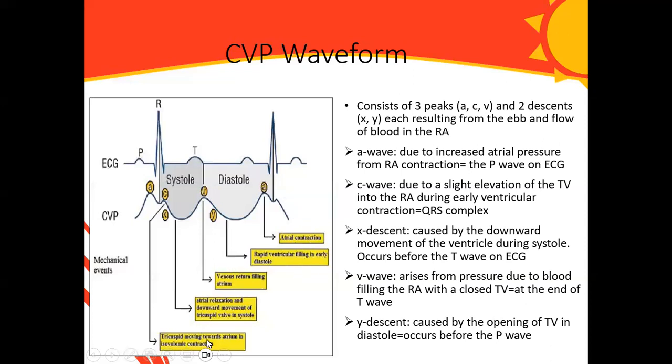And the C wave corresponds to the QRS complex, when the tricuspid valve moves into the right atrium during early ventricular contraction, and you have this X descent, which corresponds to atrial relaxation and downward movement of the tricuspid valve during systole, ventricular systole. These are very important.